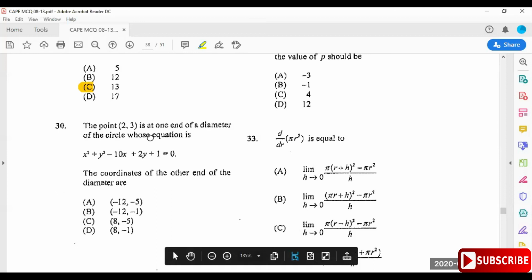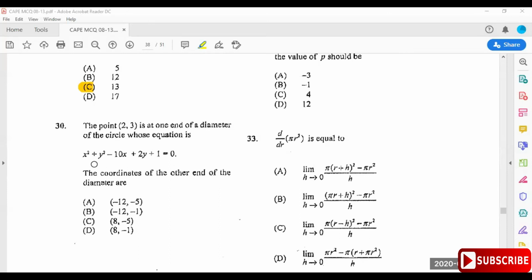First and foremost, let's just work it through quick and fast. The first thing we can do is find the center of the circle. The quick way to find the center is to divide the x and the y coefficients by -2.